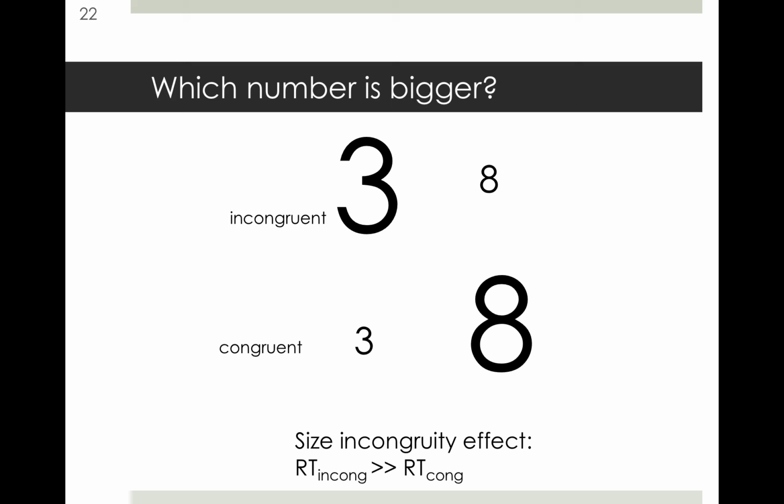They're faster to respond when the numerosity is congruent with the height of the digit, compared to when the numerosity and the height are incongruent. So there's a reaction time difference, which turns out to be quite sensitive to your approximate number system.